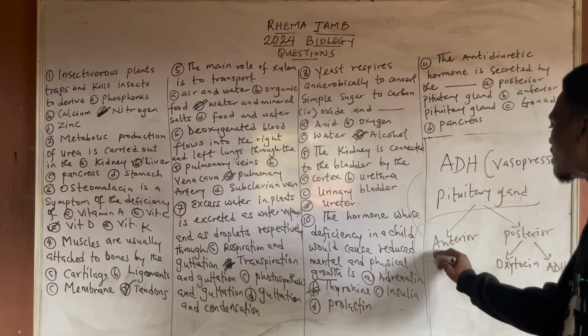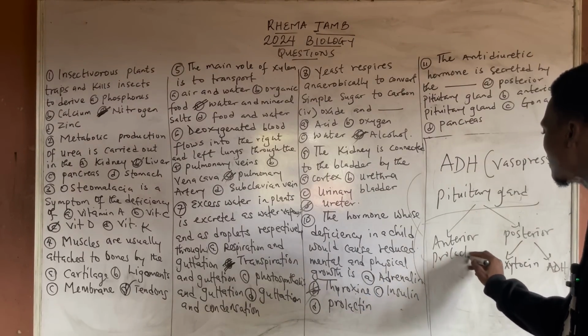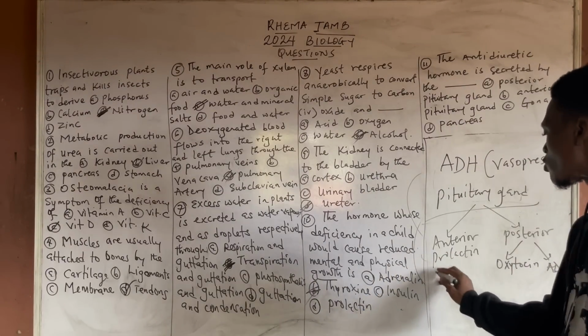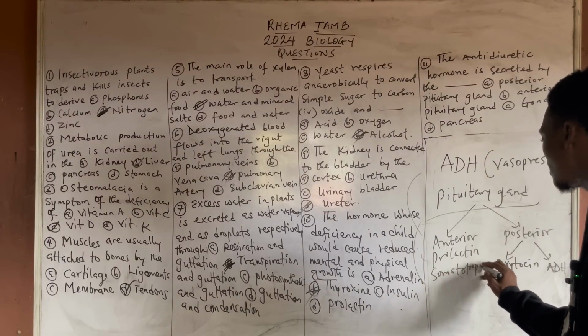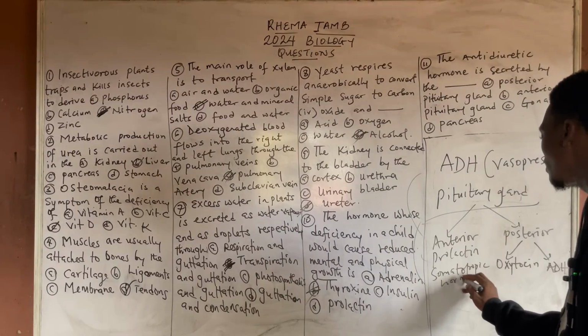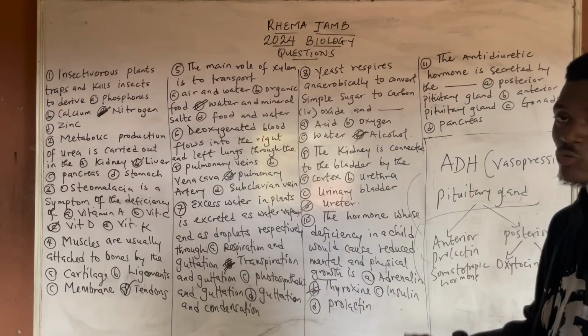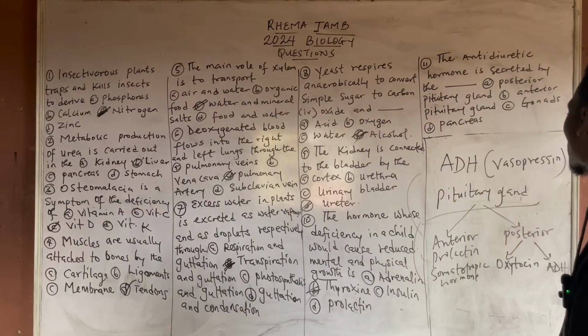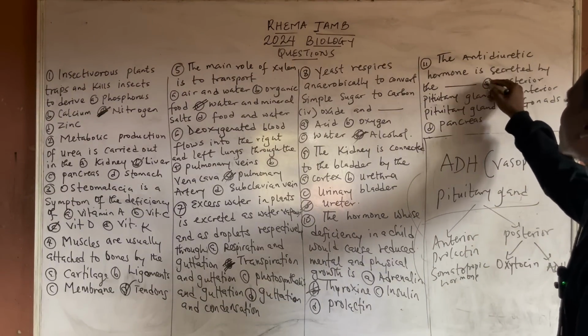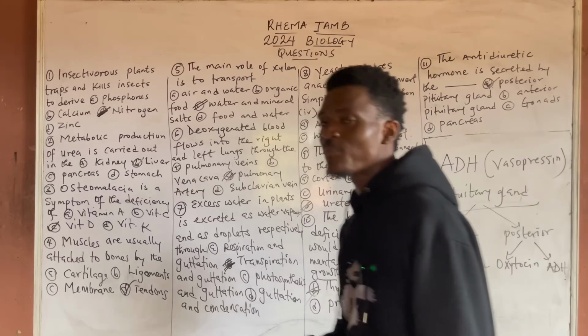While the anterior secretes prolactin, the somatotropic hormones, that's growth hormones, and even the gonadotropic hormones. So the correct answer to this question is the posterior pituitary gland, which is option A.